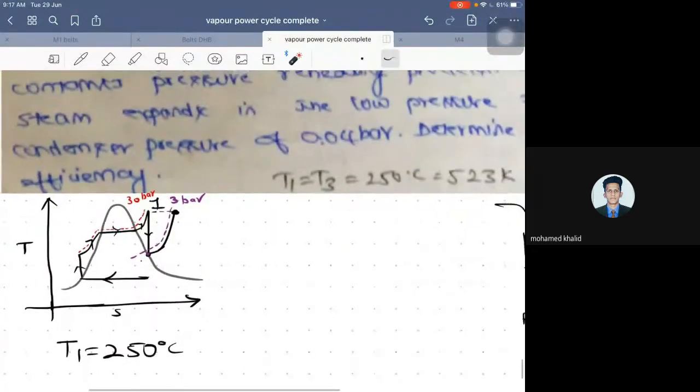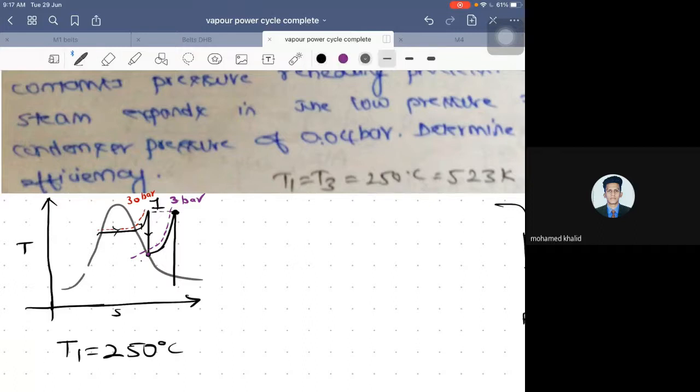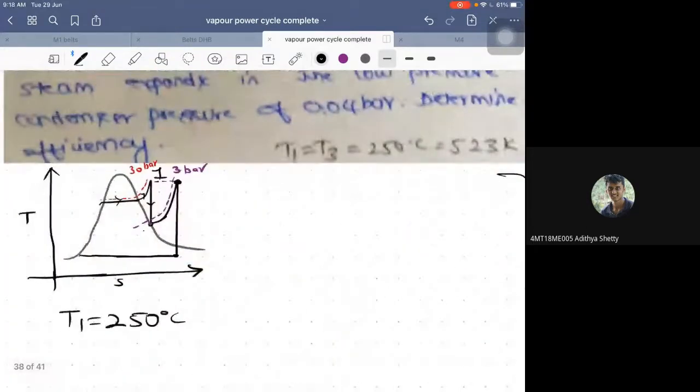That means this particular thing will get completely expanded until it reaches the condenser pressure. So what is condenser pressure? 0.04 bar. Okay, from here it is again pumping work, going back to the normal stage like this.